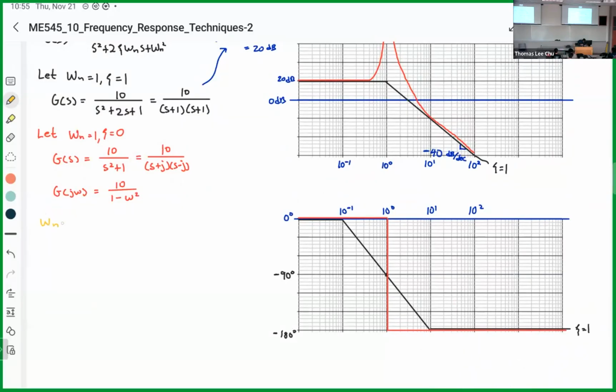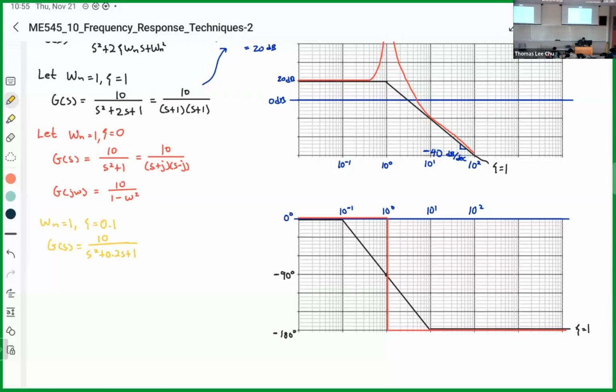When we look at omega n equal to 1 and zeta equal to 0.1, a very underdamped system with almost no damping, then we get G(s) equal to 10 over s squared plus 0.2 s plus 1.